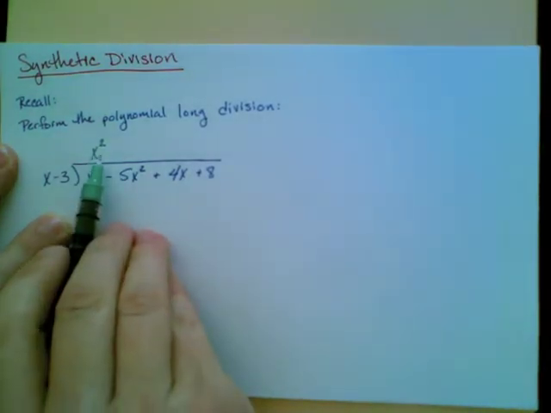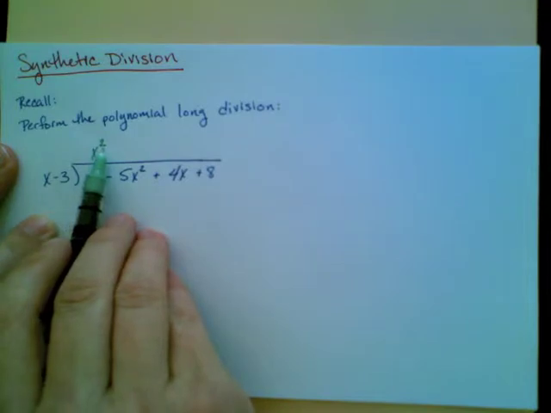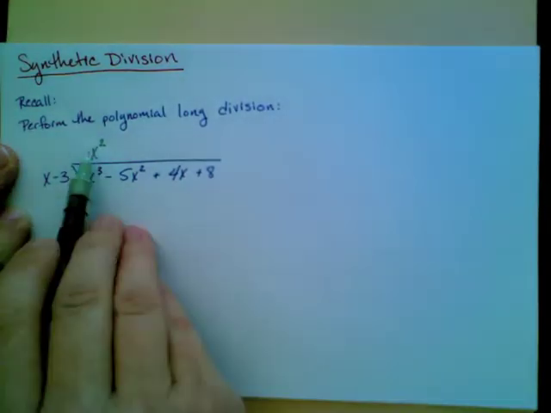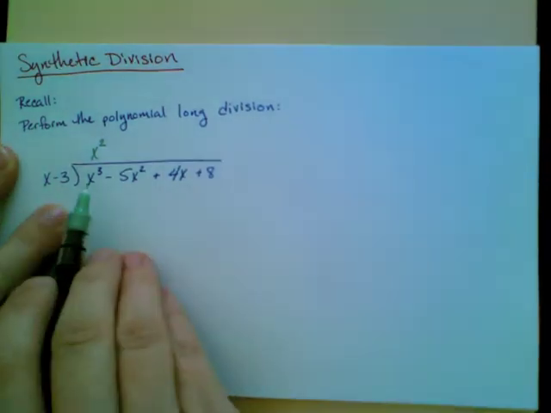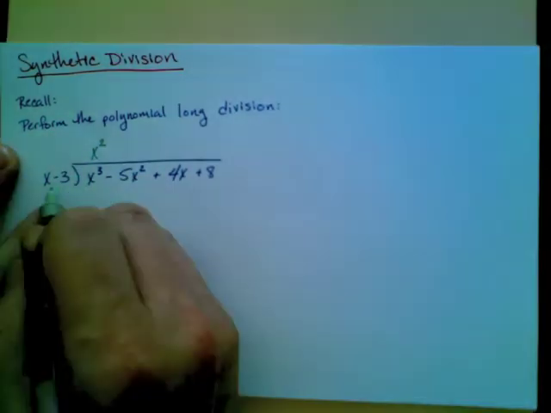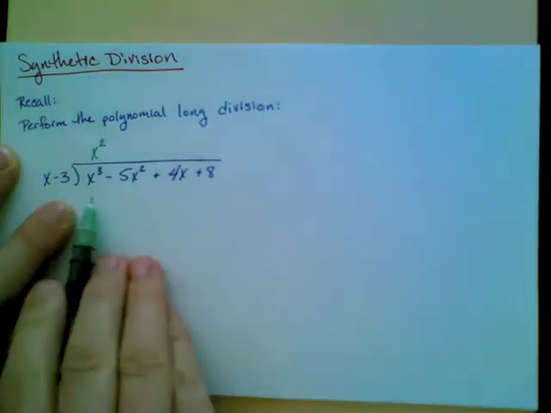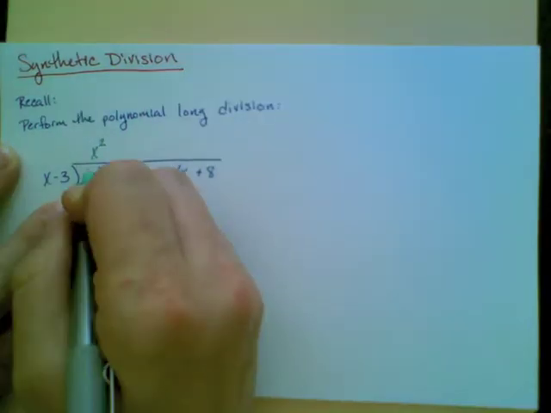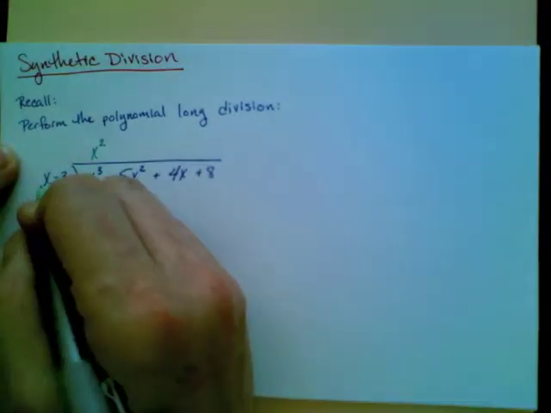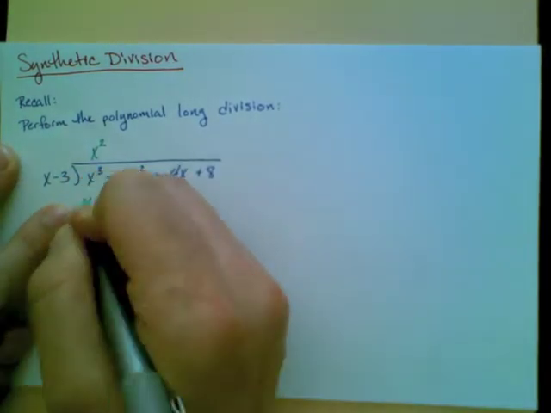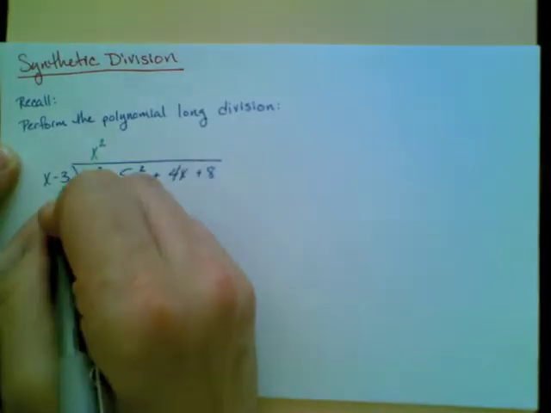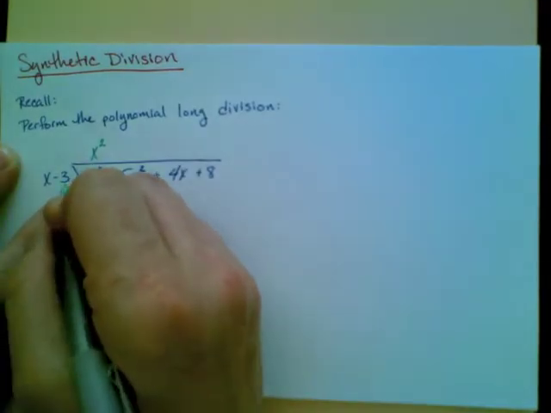So my next step is to multiply x squared times x minus 3. I'll need to distribute that, and I'm going to write my result underneath this polynomial, lining up like terms. So x squared times x is x cubed. X squared times negative 3 is negative 3x squared.